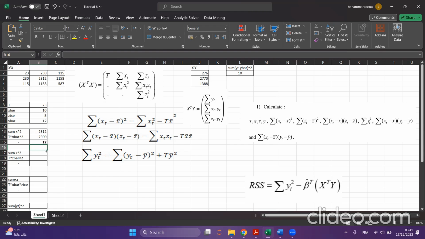We calculate the sum of zt minus z bar squared using the same way. Sum of zt squared is this element, and we do the product of T by z bar squared.